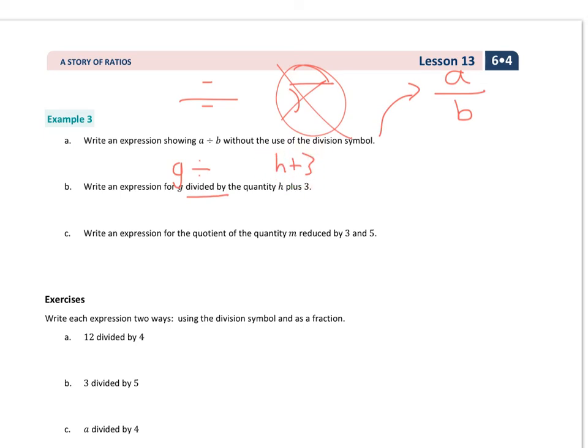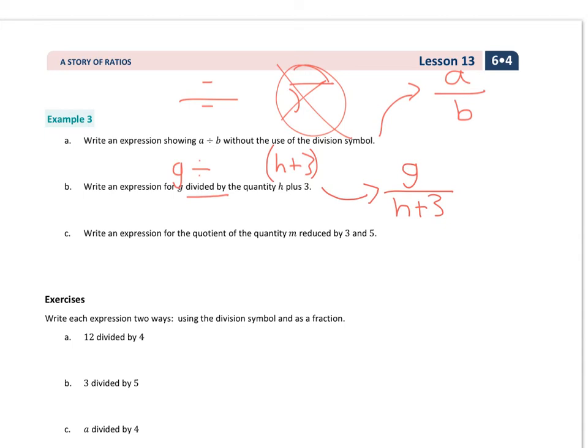You could write it with parentheses around it, but the better way, which I will do right here, is to take g and divide it by the quantity h plus 3. It's less confusing, I think.